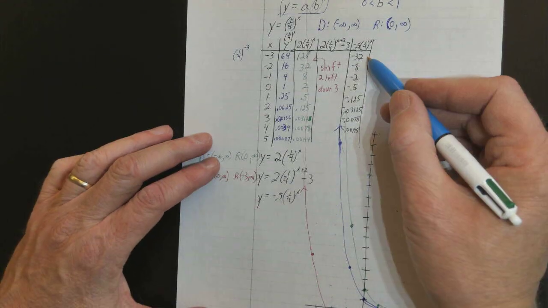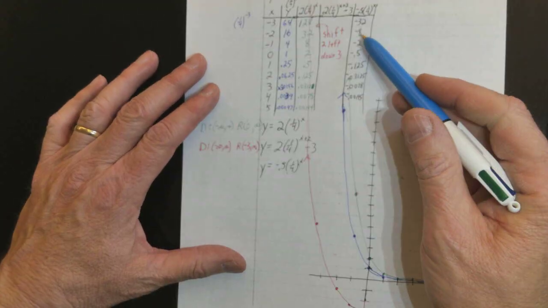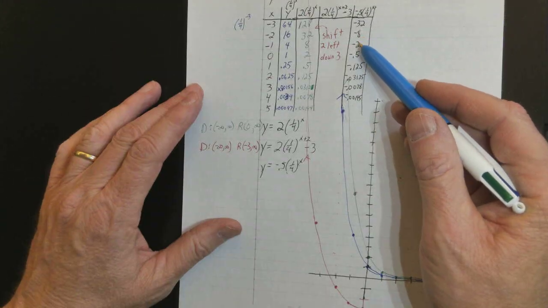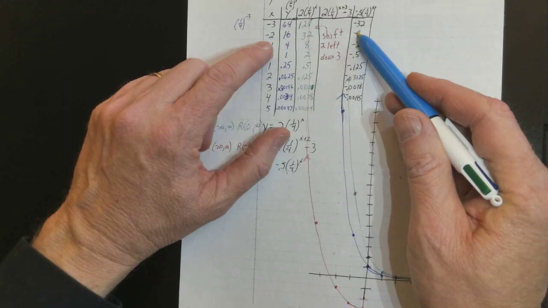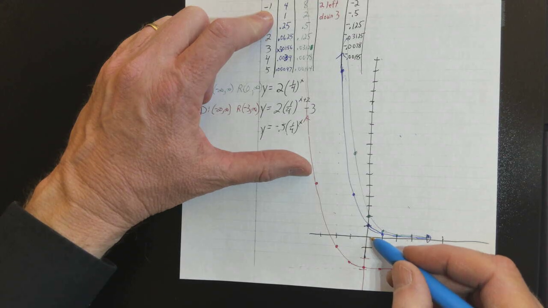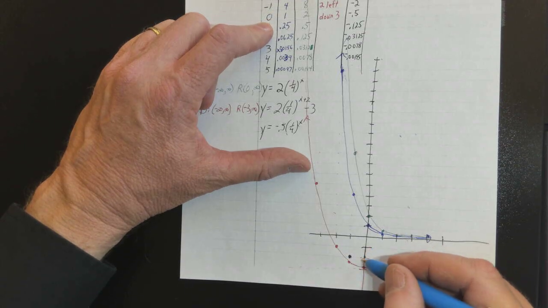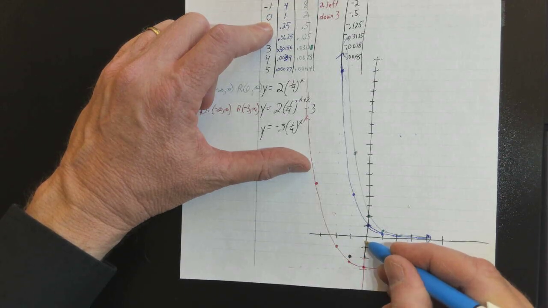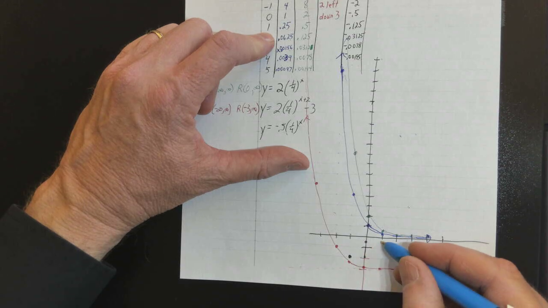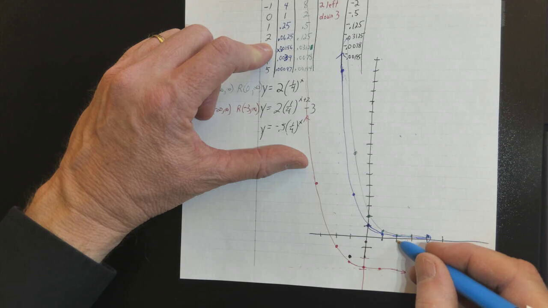Let's graph. I can't get that one on. And I wish I'd have made this a little further down on the y-axis, but I didn't, so I'm not going to get that one. That's a reasonable one to graph. Let's graph 1, -2. Sorry, -1, -2 is right here. Right? 0, -0.5 is right there. 1, -0.125. 2, -0.03.